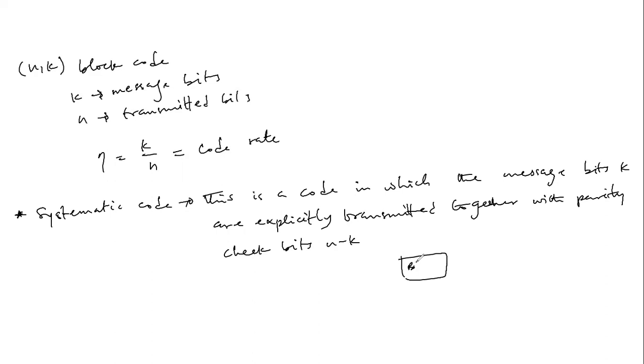This is the block coder. Then we send in the message bits, k. Then we get the coded bits, that is n, such that the rate is the same as k over n.